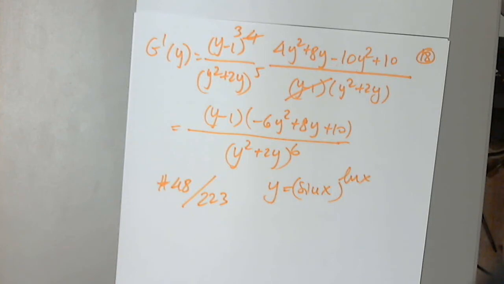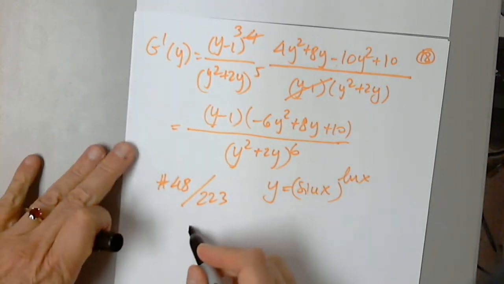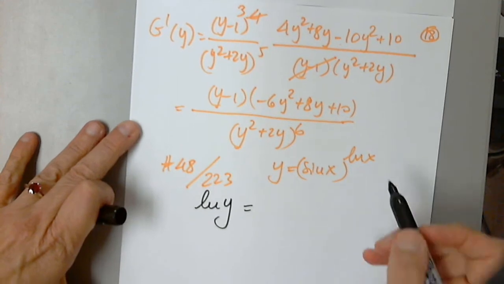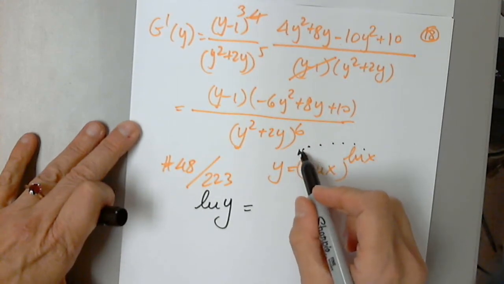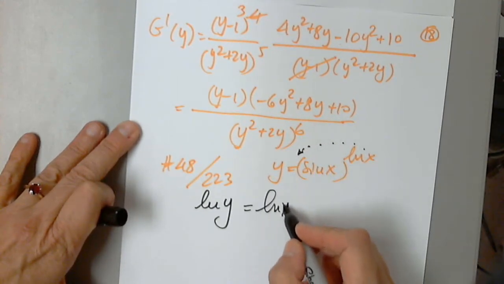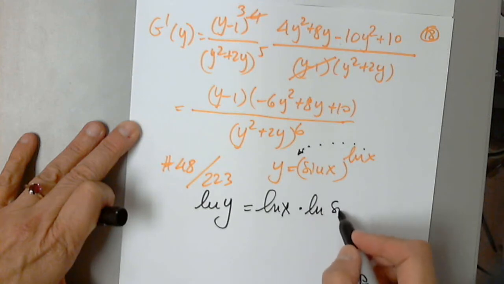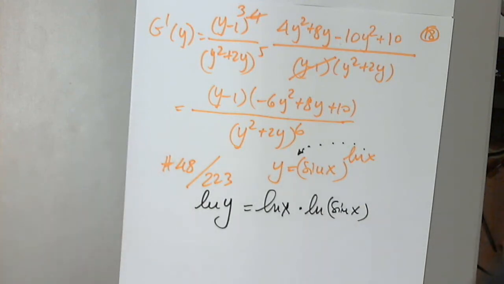We have no formula for this, so then what do we do? What is our only option here? Apply natural log to both sides first. That's the only way. Good, so then I have natural log y equals, natural log goes in front as a factor, natural log x multiplied by natural log sine x.